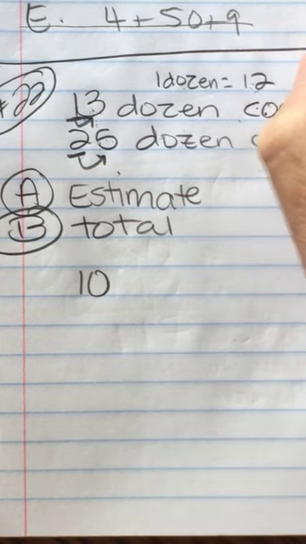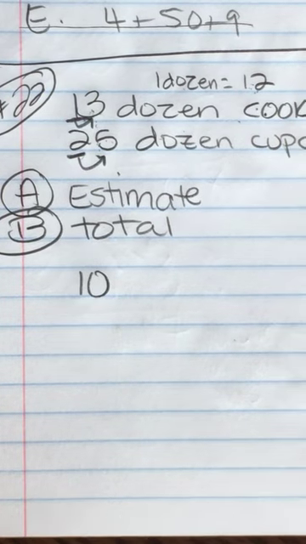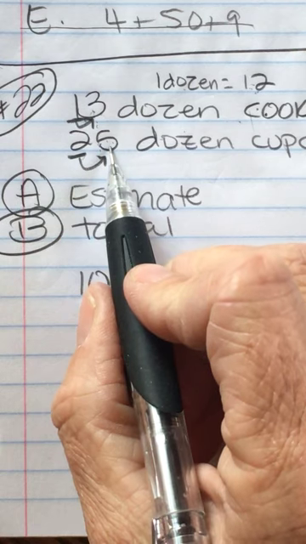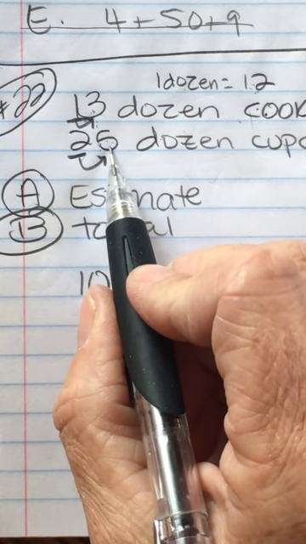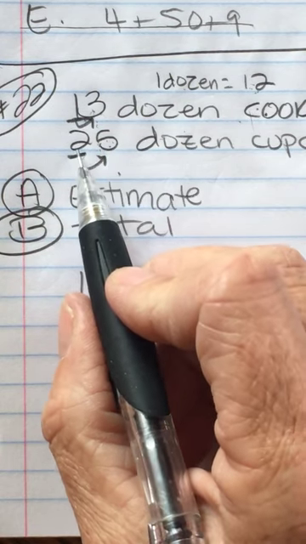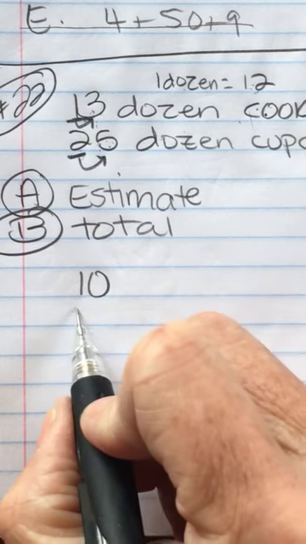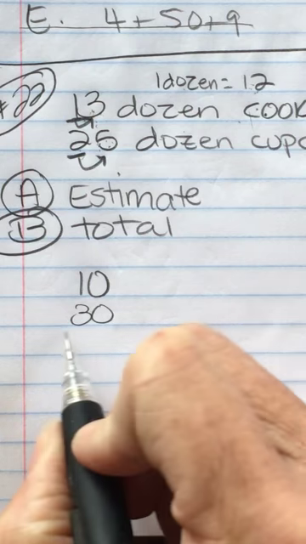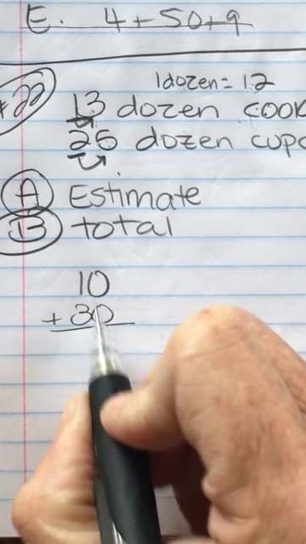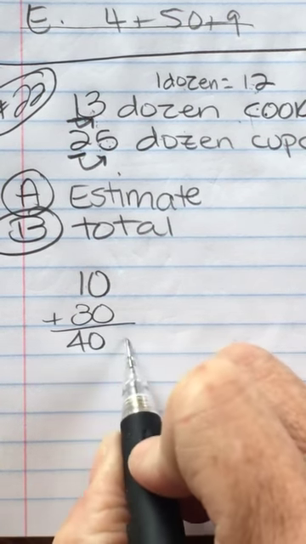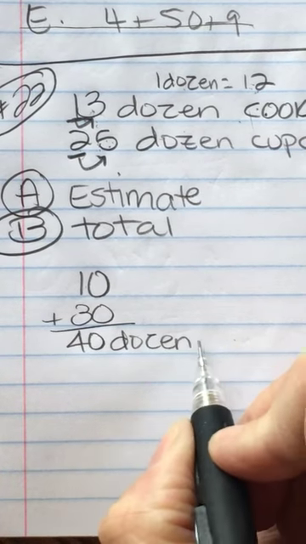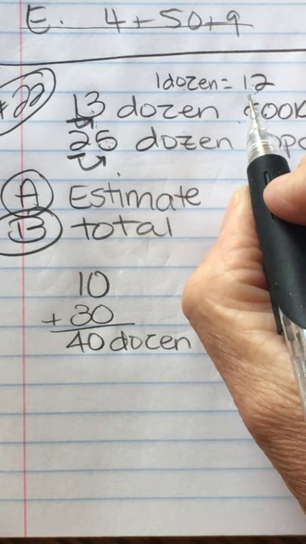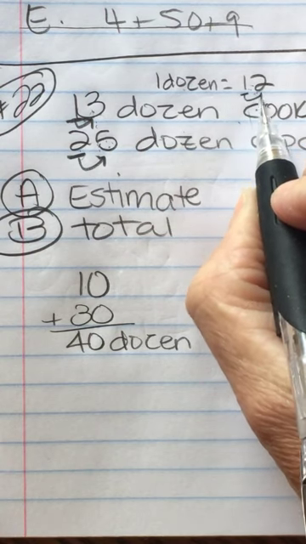I better do this so I can remember which is which, because they both start with a C. And then 5 is 5 or more. We're going to raise the 2 to a 3, and we're going to do that 30. Okay, so I'm going to add 30 plus 10 is 40 total dozen. And now I can round my dozen.